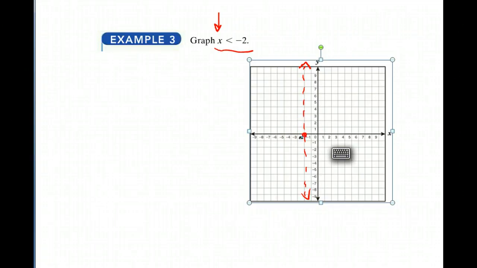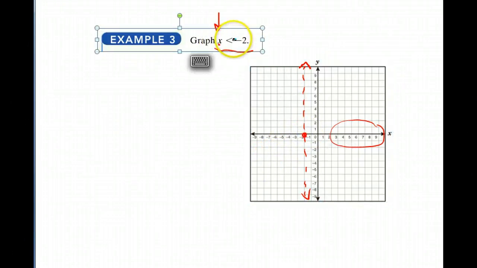And since we want any value that's less than -2, look at your x-axis. Which side of that line would the values be less than -2? Are they less than -2 over here where we have 1, 2, 3, 6, 7, 9? These numbers are larger than -2. We do not want to include them in our solution set because x should be less than -2.